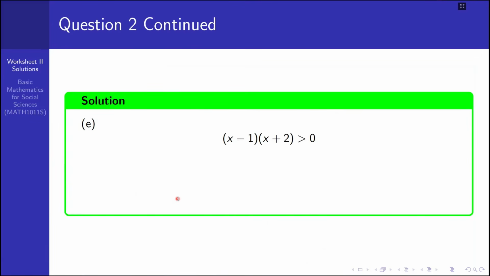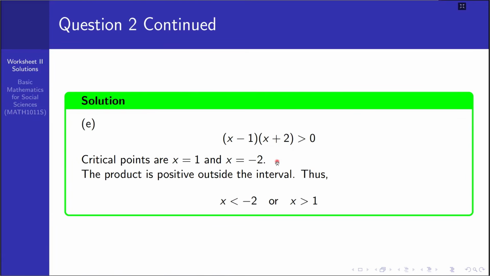Okay, I think it is already in its factorized form. Therefore, this could be positive. Again, the critical points are x equal to 1 and x equal to negative 2. That is the zero of the linear factors of the given quadratic inequality.